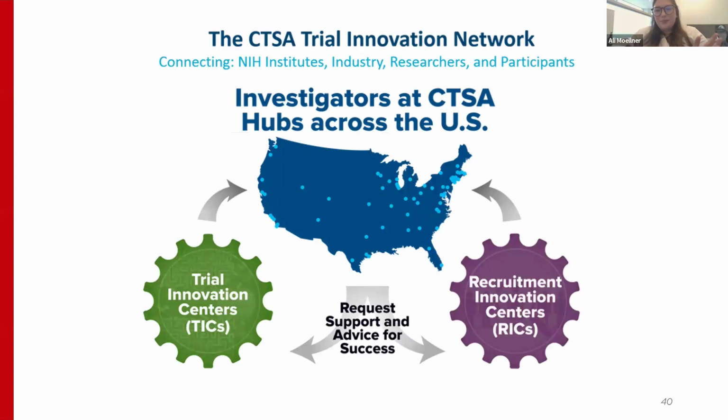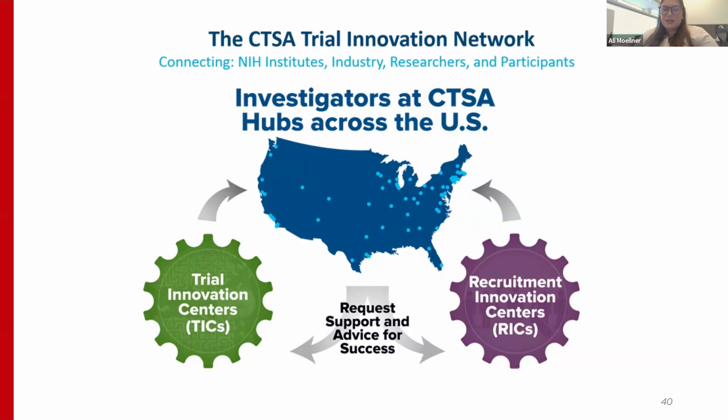So we have access here at UW to the Trial Innovation Network. This is an NIH established clinical research network. So on this chart, the blue shows that we have about 60 hubs that are made of academic medical centers across the US and their affiliates, so those could be their health systems.